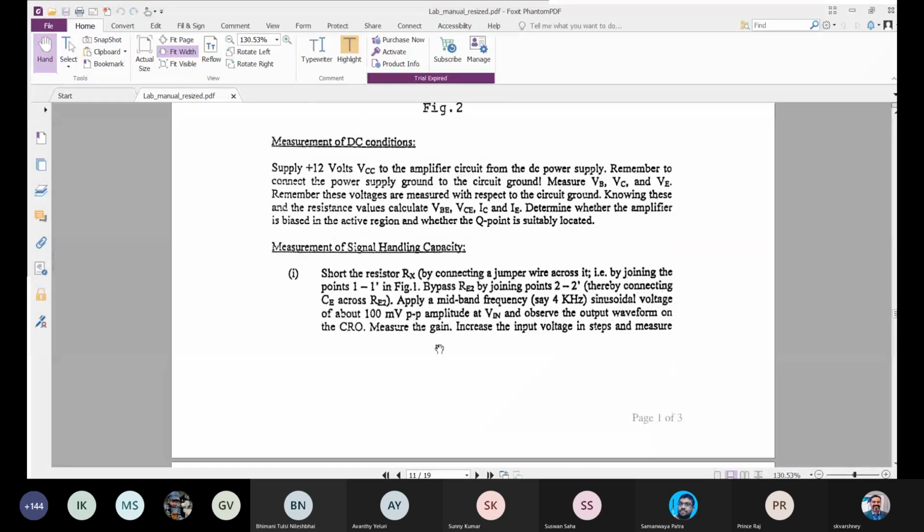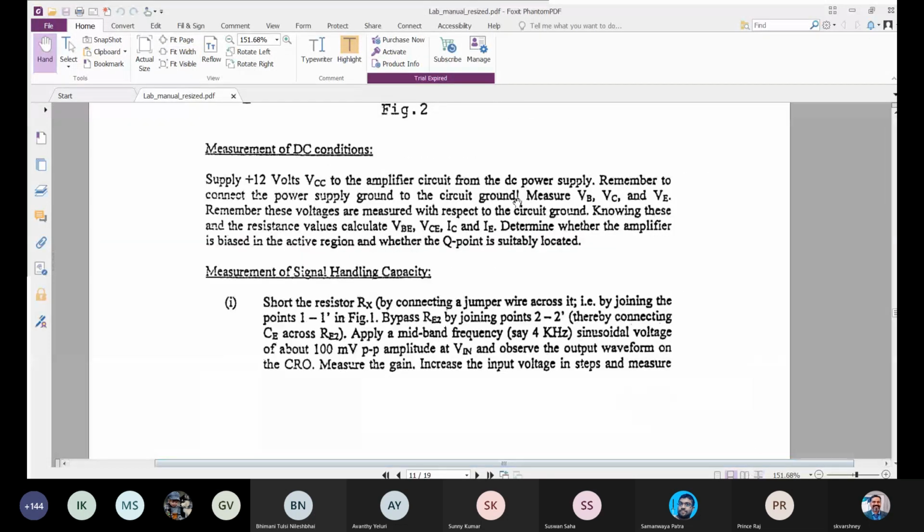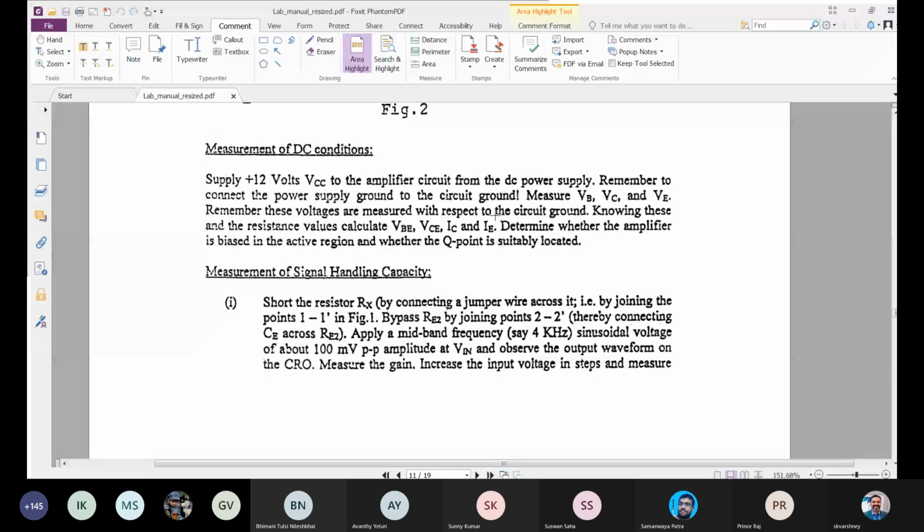Basically, if we read this sentence, it says to determine whether the amplifier is biased in the active region, that is the forward active region, and whether the Q point is suitably located.